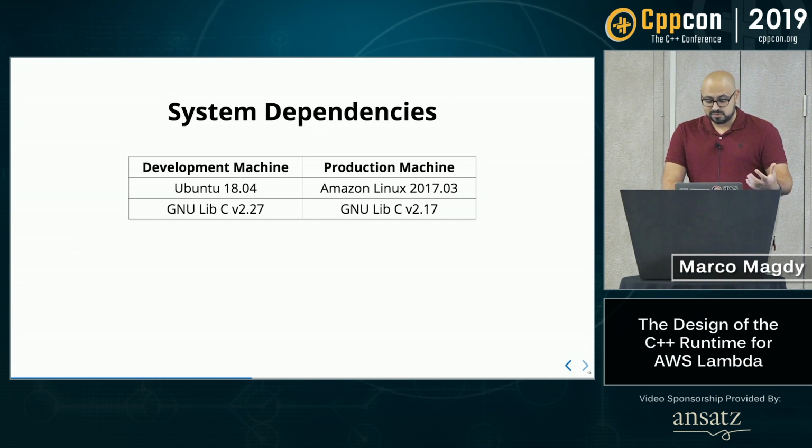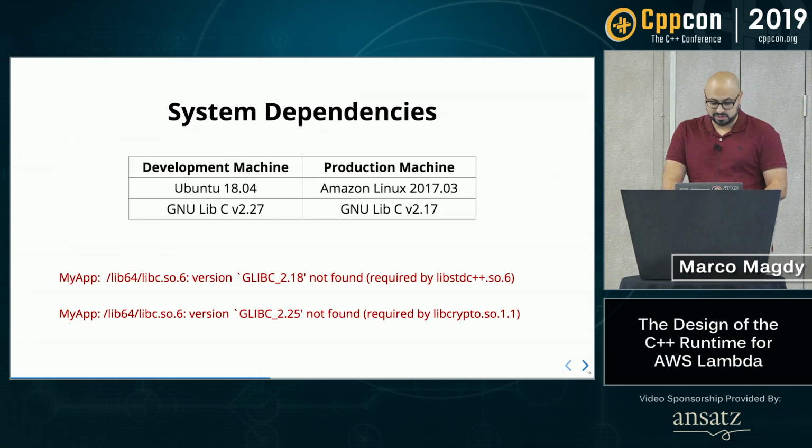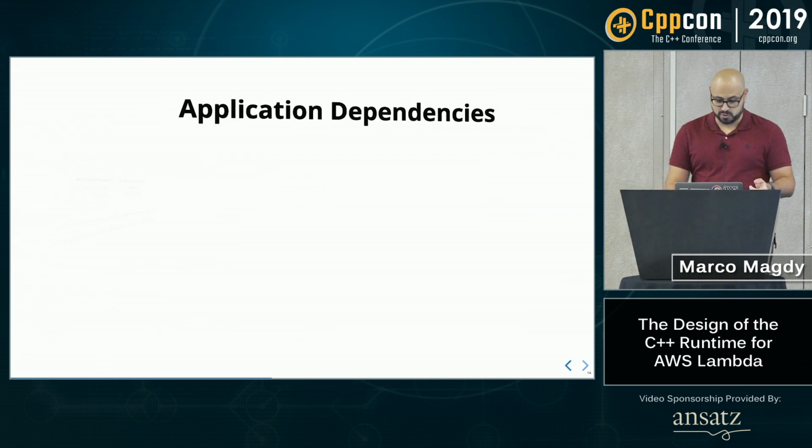And when you try to run the executable, you're probably going to see something like this: a symbol mismatch. You can see the symbol versions that were introduced in glibc, and you get this annoying error. So this is the first problem that we have to fix, but there's more.